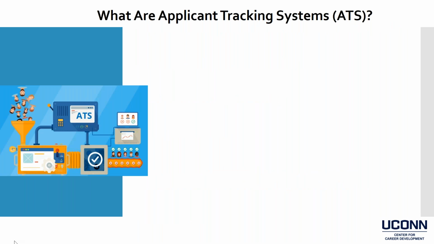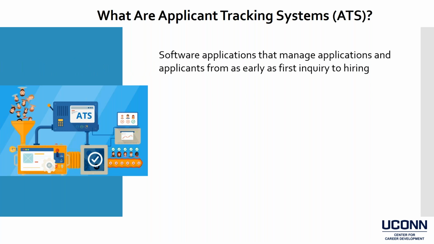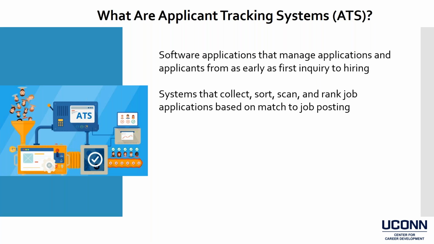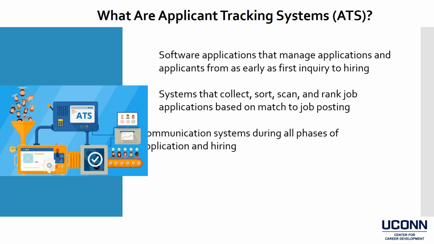Let's get started with a review of what applicant tracking systems are. These are software applications that manage applications and applicants from as early as the first point of inquiry about a position all the way through to hiring. The systems also collect, sort, scan, and rank job applications based on the match of the application materials to the job posting.